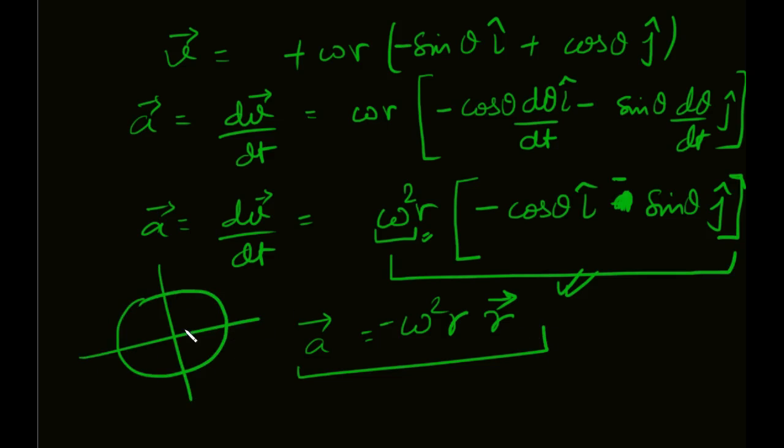As I already told you earlier, since this is r, negatively it would be minus r, and a equal to minus omega square r along the negative radius vector. So now this was when omega is constant. I had already assumed omega is constant.